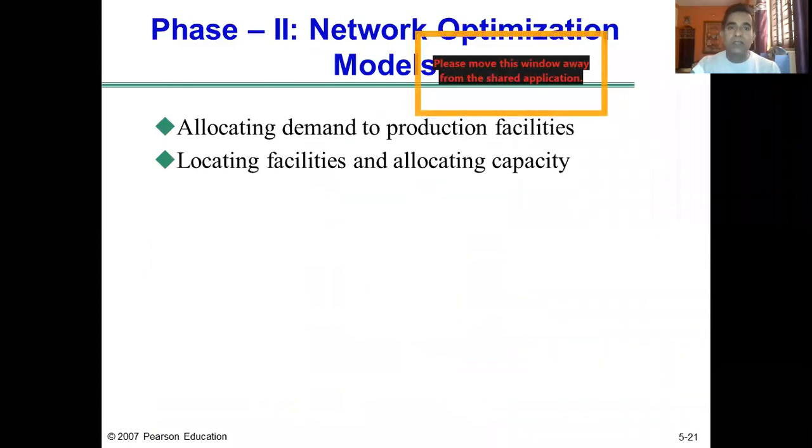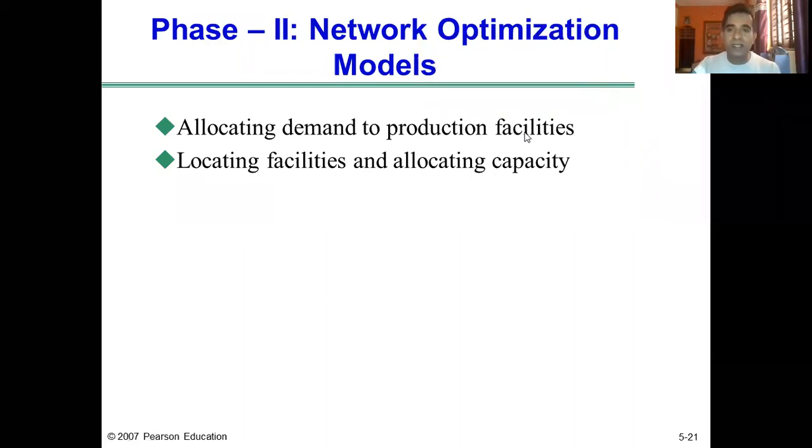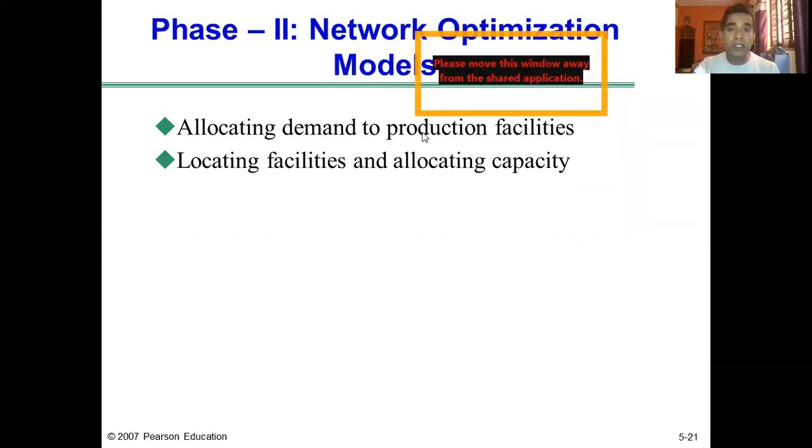If you remember, network optimization models are used in phase 2 to make the following decisions. The first one is allocating demand to production facilities. In case a company has multiple production facilities, out of the total demand, a certain percentage of the demand has to be allocated to each factory.